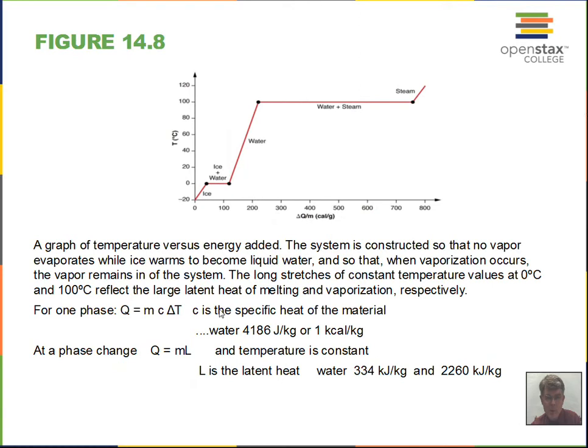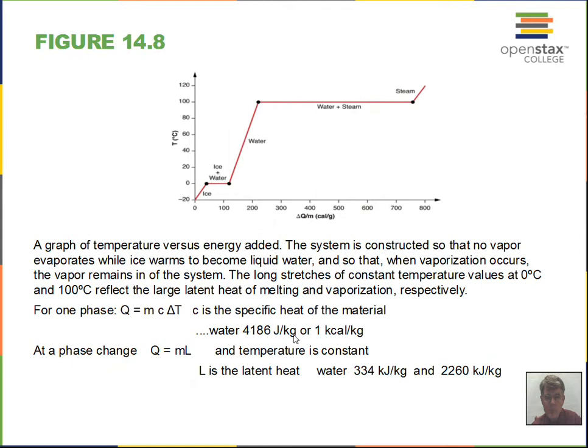There's a table in our online textbook, OpenStax College, that has specific heats for various materials. Water, just to give you a feel for the numbers here, water is 4,186 joules per kilogram for its specific heat.